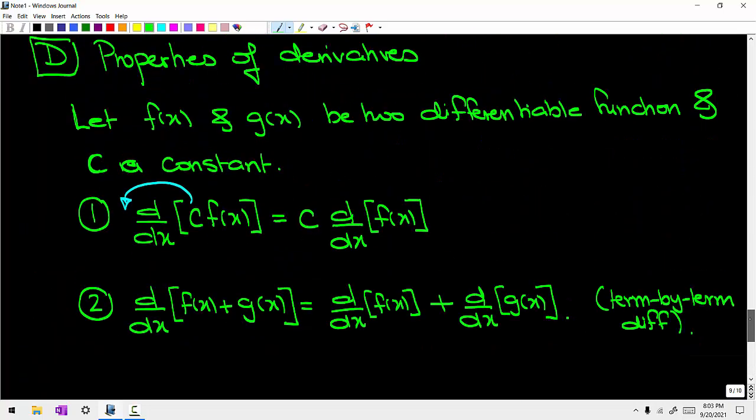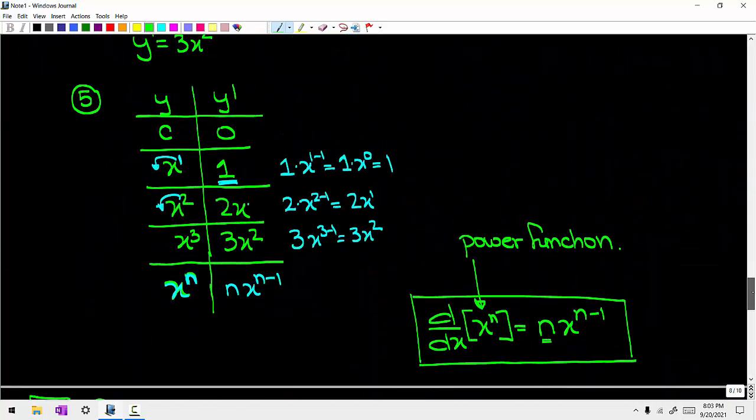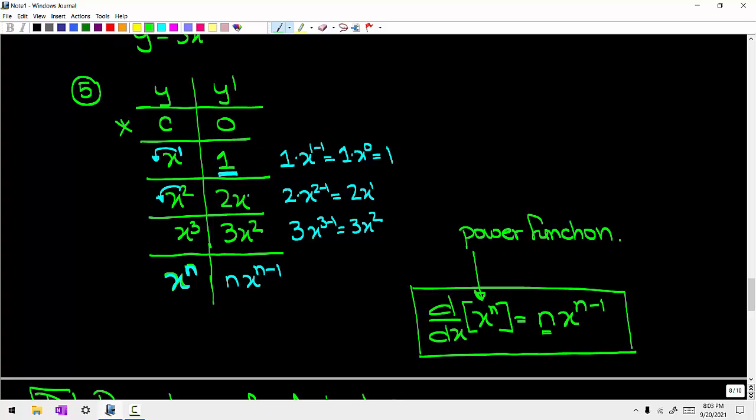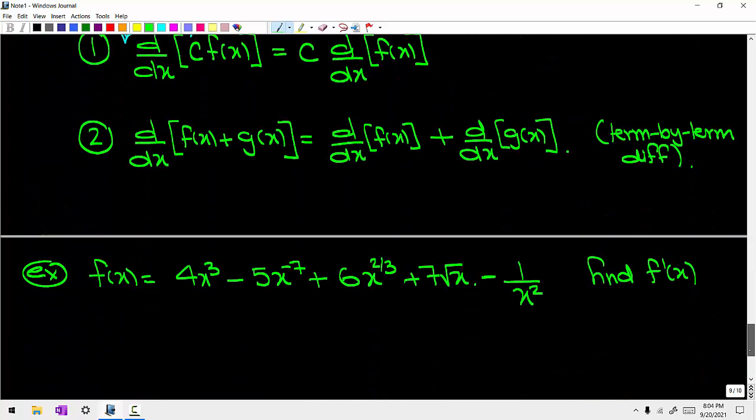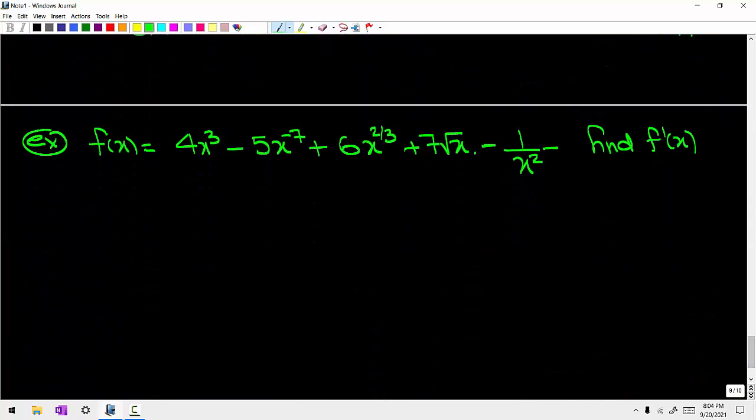The only true derivatives we know are two: the derivative of a constant is always 0, and the derivative of a power function, and these are all power functions in essence. Let me throw in a constant out here, plus 10.